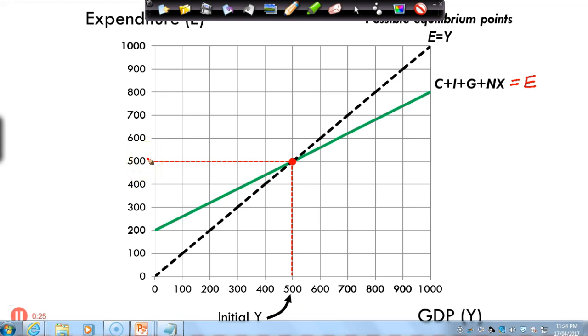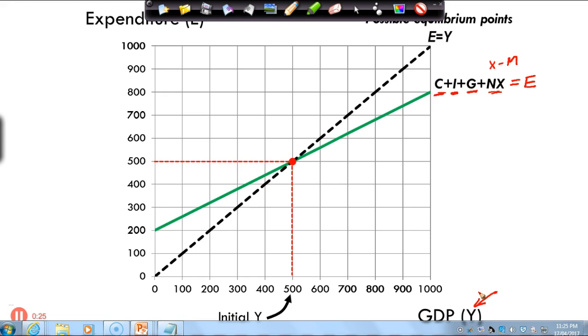And what we're interested in is seeing what would happen to our economy if one of these components, domestic consumption expenditure, domestic investment expenditure, government expenditure, or net exports, which is exports minus imports, were to change for reasons that have nothing to do with a change in income.